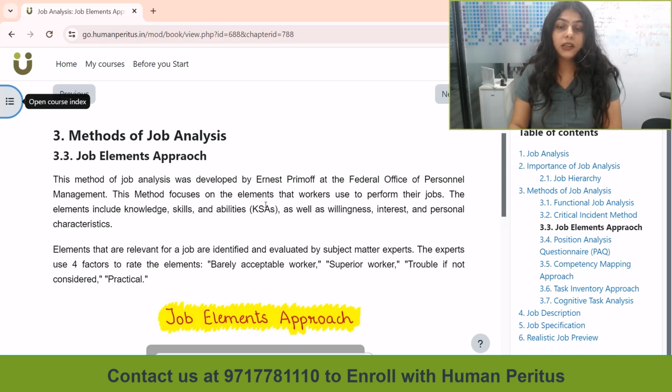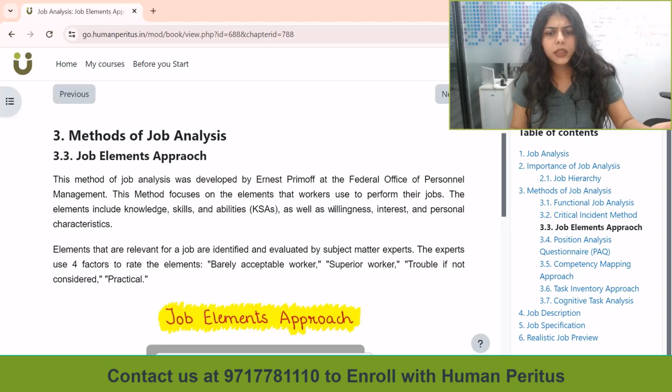Now this method focuses on elements. And what are some of the elements? Some examples of elements here are knowledge, skills, abilities, which is also known as KSAs.